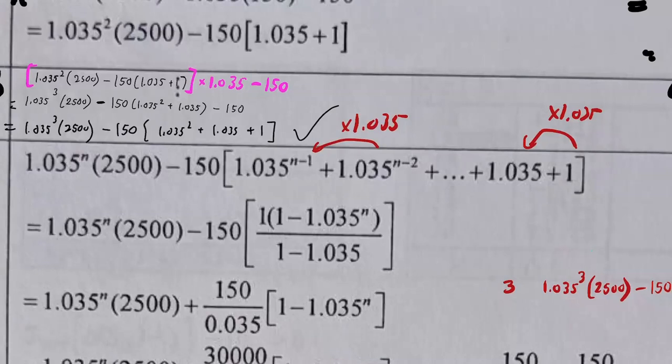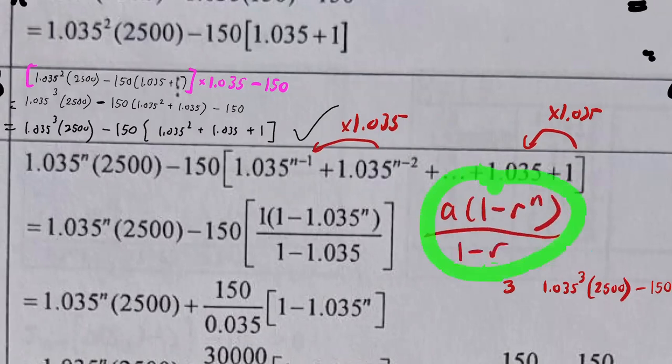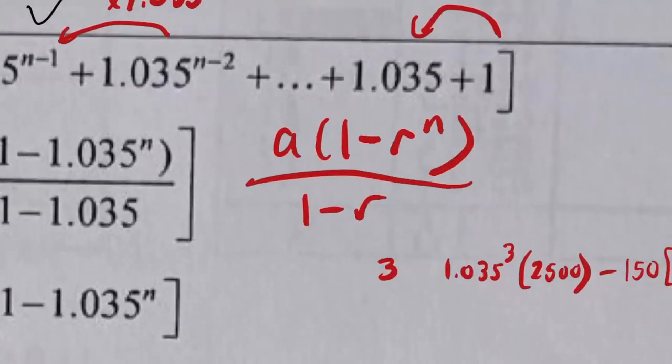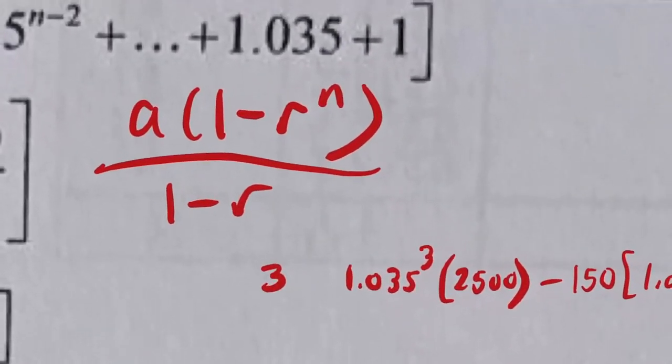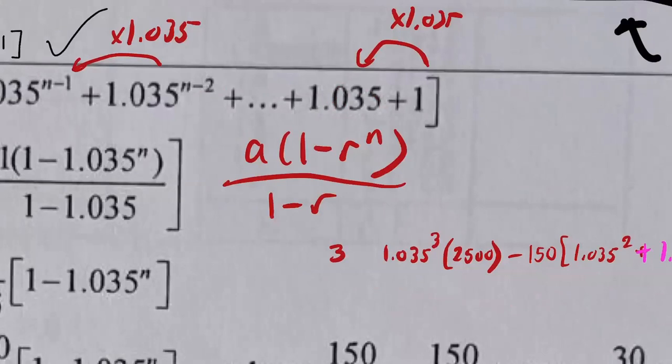Or in other words, can you say it in English? I'm going to write it down for you. Instead of a, r, and n, use the English phrase. Read this out loud.